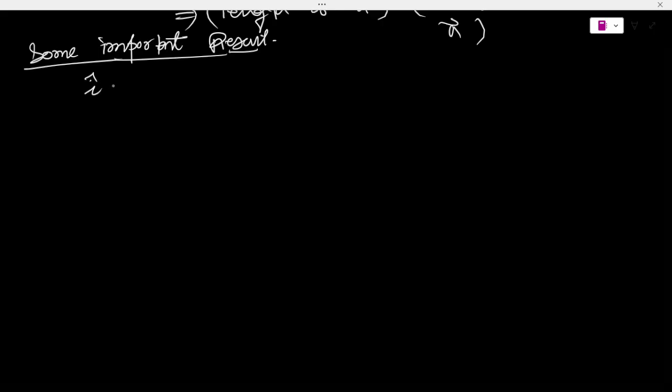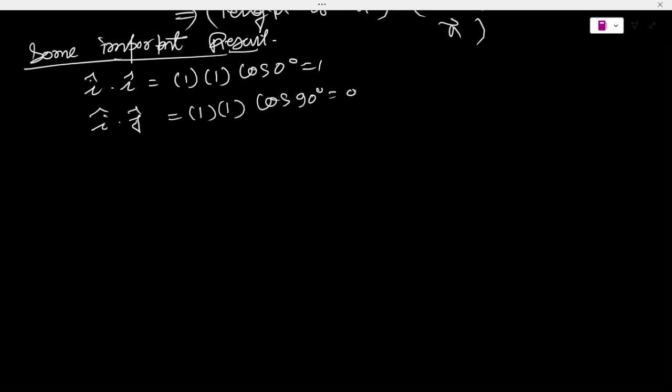I vector dot I vector is equal to what? 1 dot 1 cos 0 degree will be 1. And I cap dot j cap will be 1 into 1 cos 90 degree, so its value will become 0. Similarly j dot j cap is equal to k cap dot k cap is equal to 1.